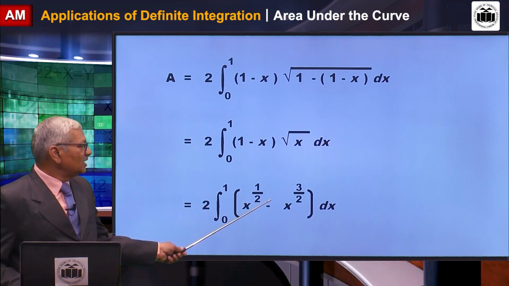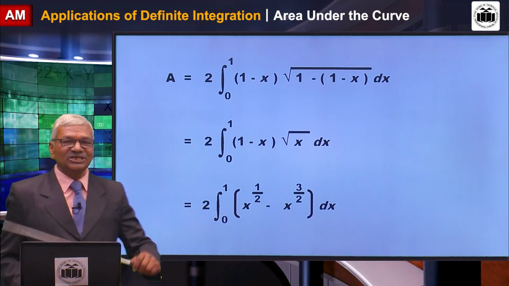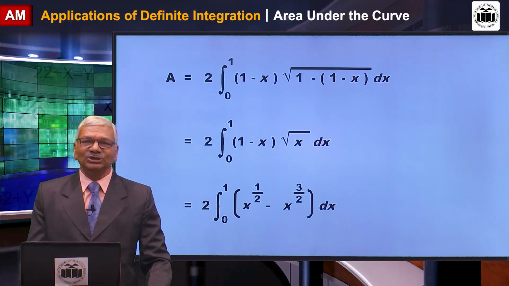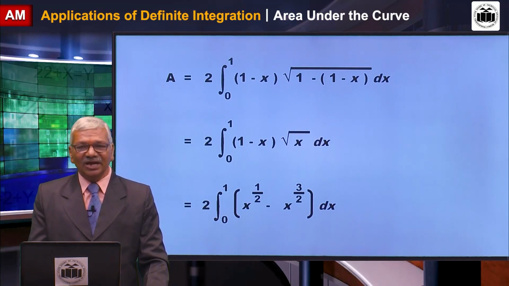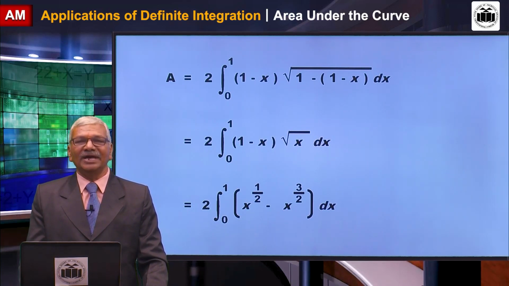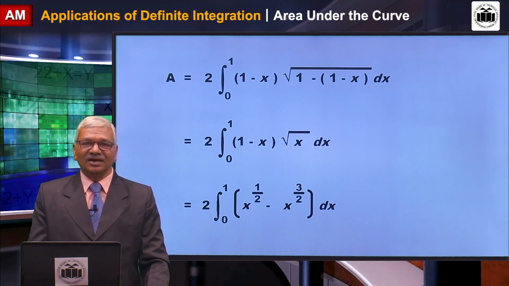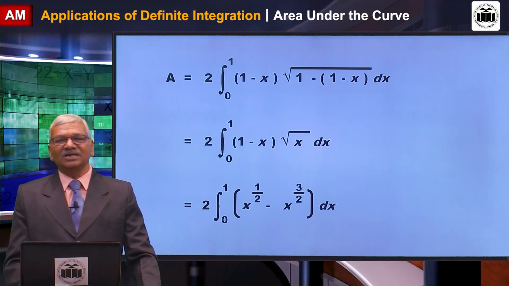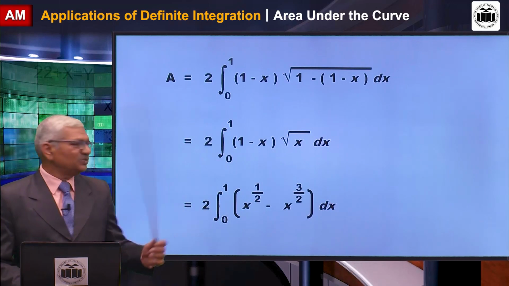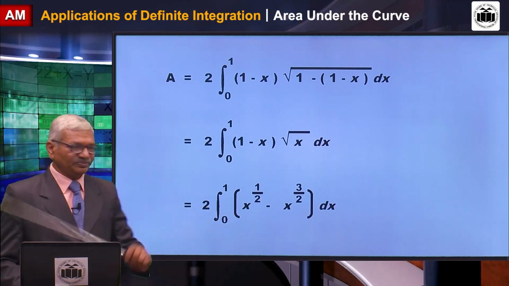How? It's very simple. Go to 6th standard. a raised to m into a raised to n is equal to a raised to m plus n. Here m is 1, n is half. 1 plus half is 3 by 2. Hence we get x raised to 3 by 2.